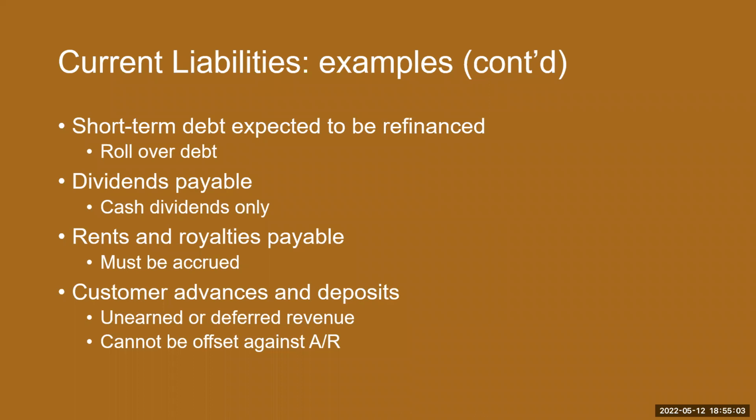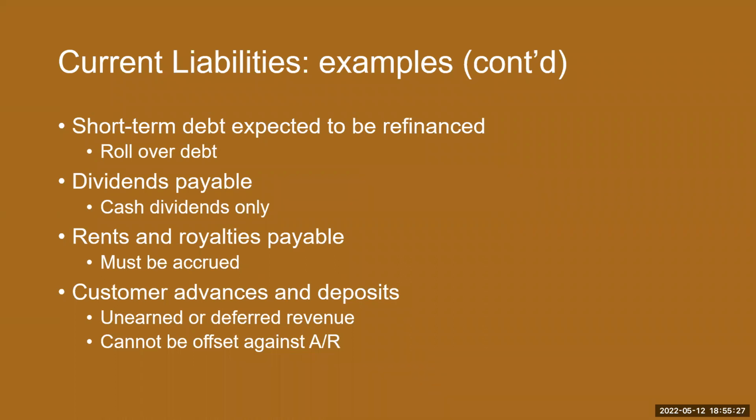Customer advances and deposits, that's a non-financial liability. We talked about it. It's typically unearned revenue until the performance has been completed. Any kind of advance money that we get from a customer. Now, typically customer accounts are maintained in the accounts receivable subledger.